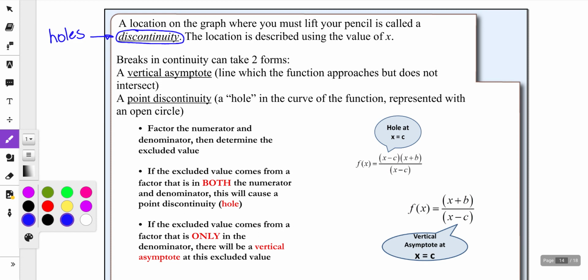The breaks in continuity can take two forms. We can get a vertical asymptote, which we are definitely aware of. We've done lots of those. And then you get these points of discontinuity, the holes in the function. To figure out if it's going to be a vertical asymptote or a hole comes from whether you're dividing by 0 or not.